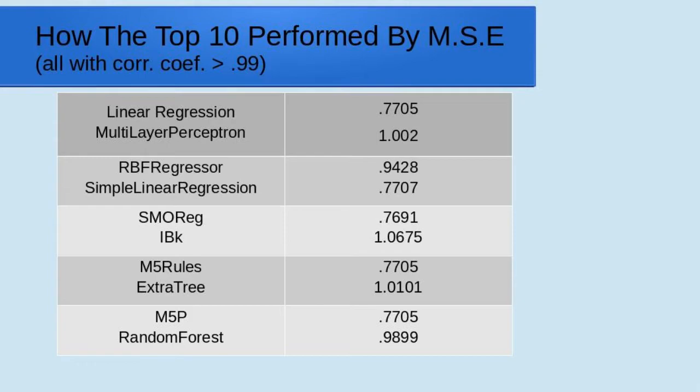Of interest is how linear regression and simple linear regression are almost alike, and linear regression, M5 rules, and M5P are similar. Looking at the output for M5P and M5 rules, that produced the exact same results.